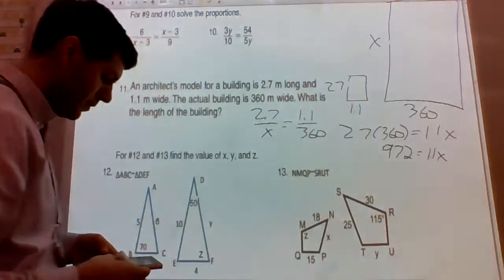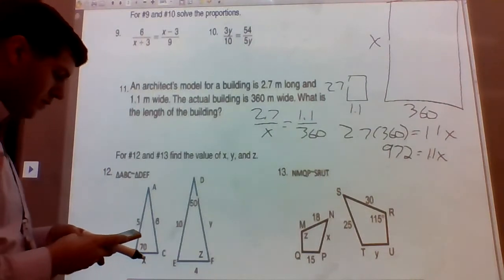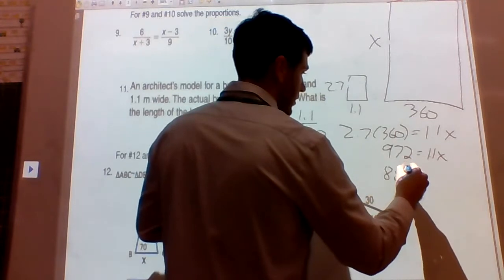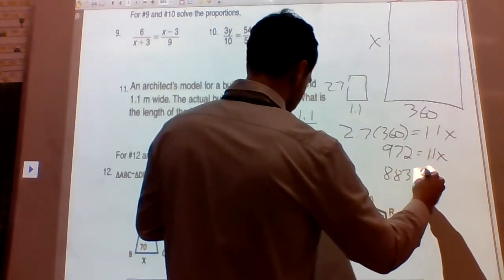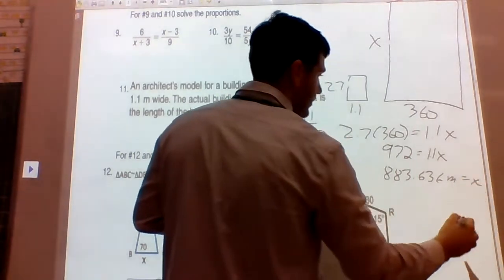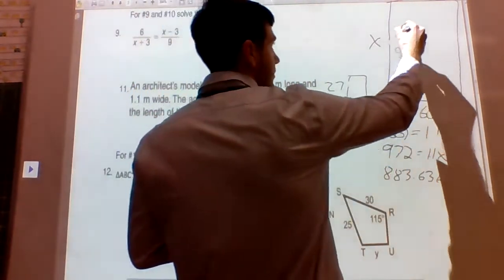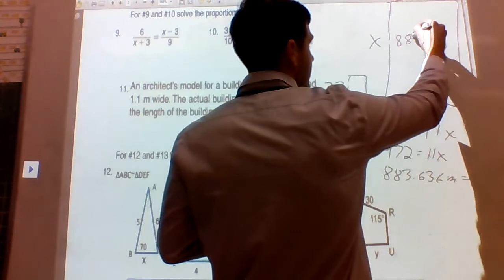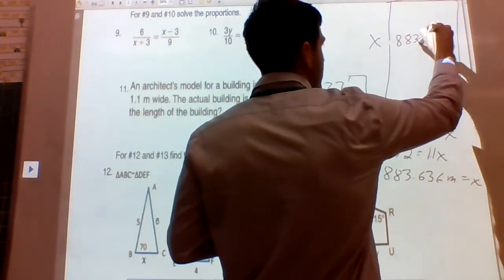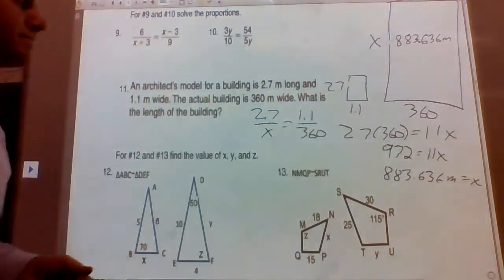Divide by 1.1. We get 883.636 meters is x. So 883.636 meters. Okay.